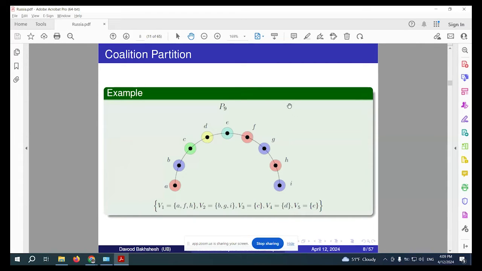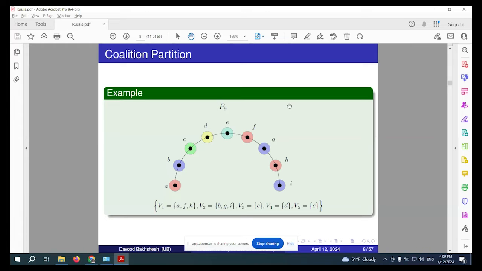Now there is an example of a coalition partition. Again, you can see the path P9 here, with vertices named A, B, C, D, E, F, G, H, I, and we determine a partition with five elements: V1, V2, V3, V4, and V5.